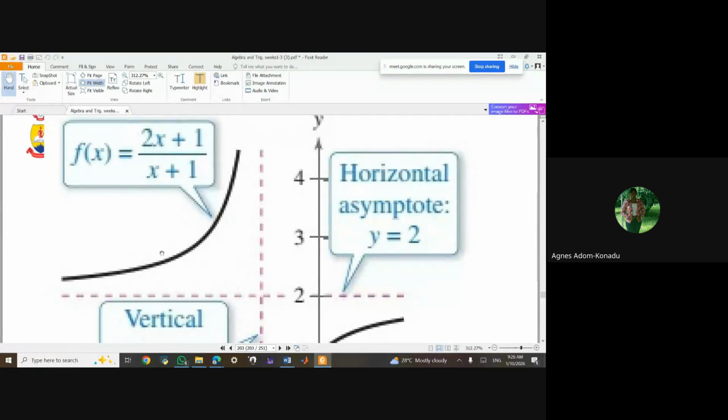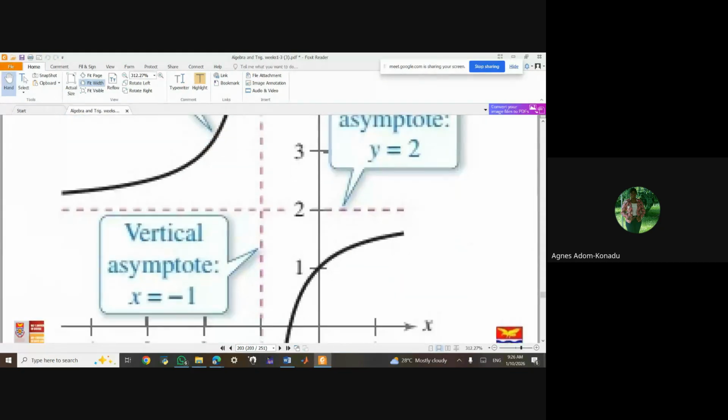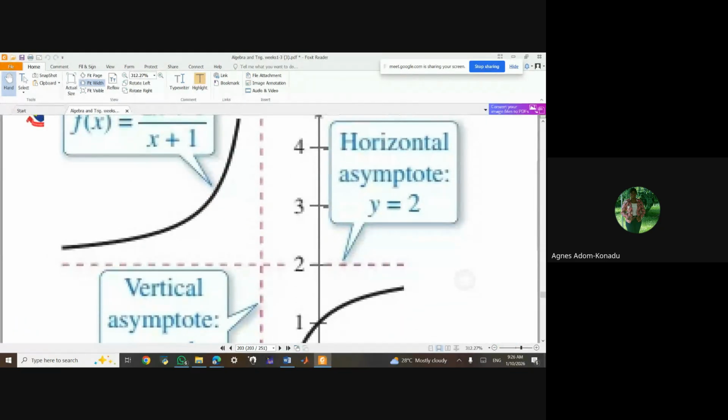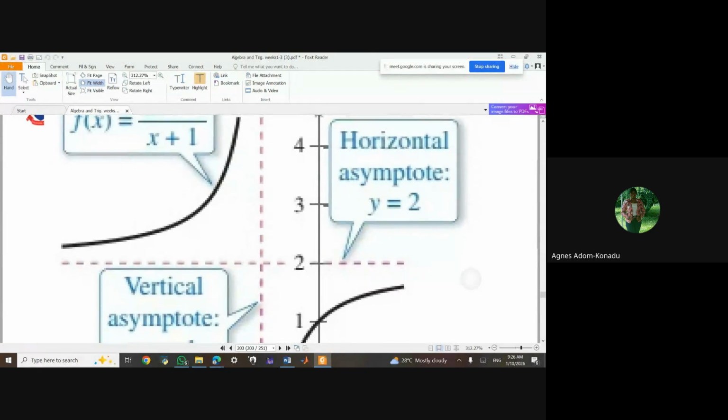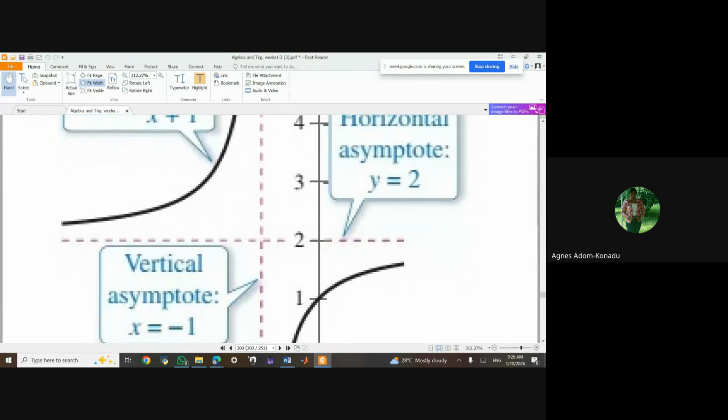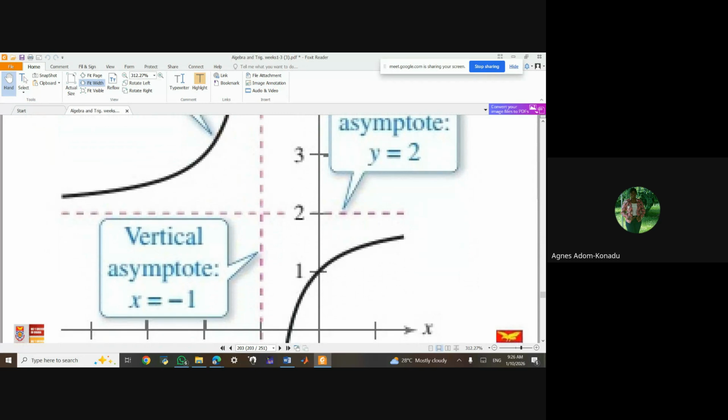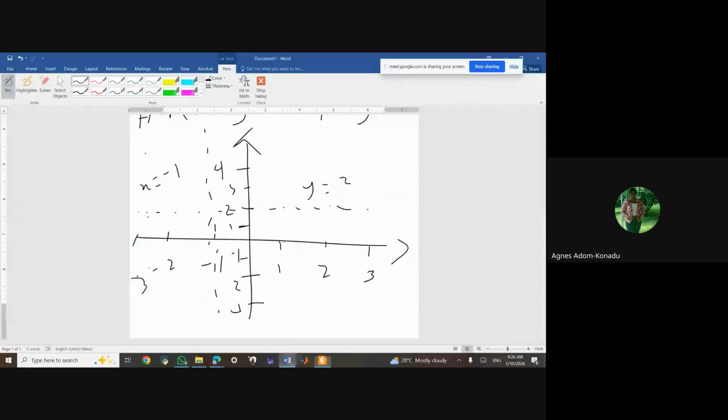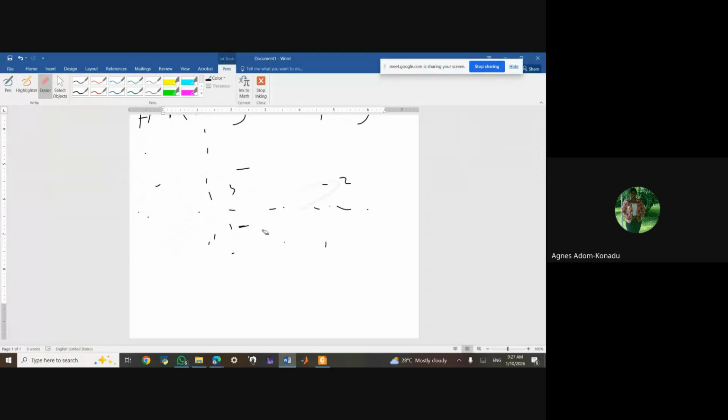Then to sketch the graph, you have to look at the behavior of the graph as you approach -1, either from the left or from the right. We just saw that the vertical asymptote is the line s equal to -1.